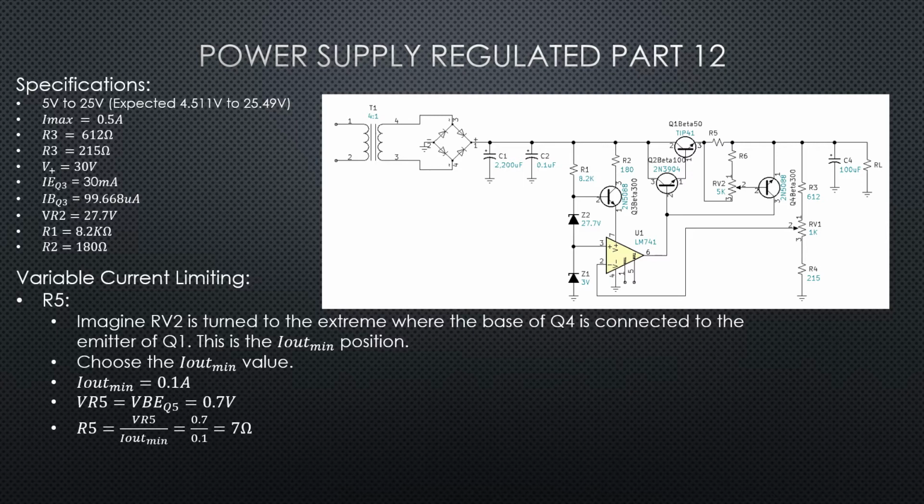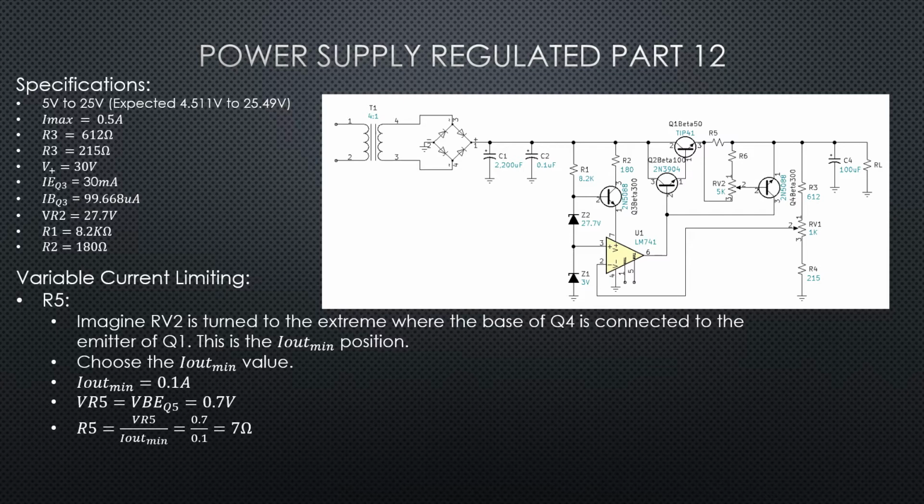You can see that when the voltage VR5 starts to come up, as current goes up, when that VR5 hits the equivalent voltage of VBE of Q4, that transistor will start to bias on and it'll effectively rob current from the base of the Darlington pair.